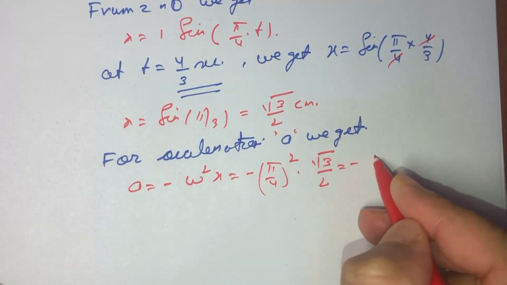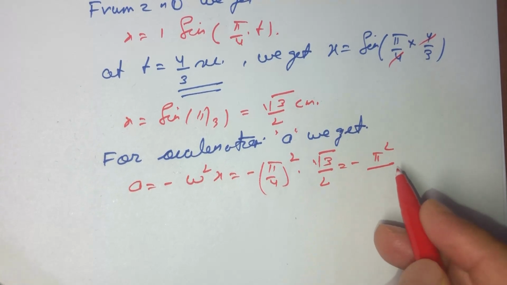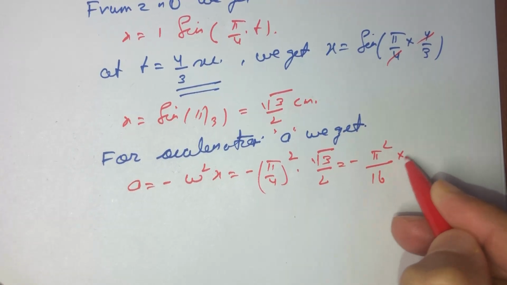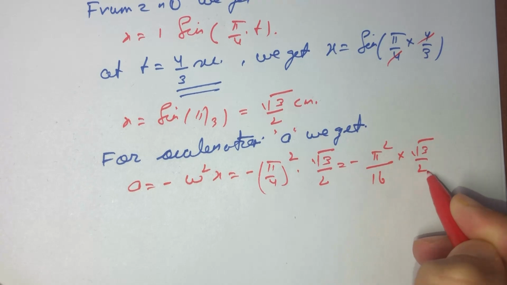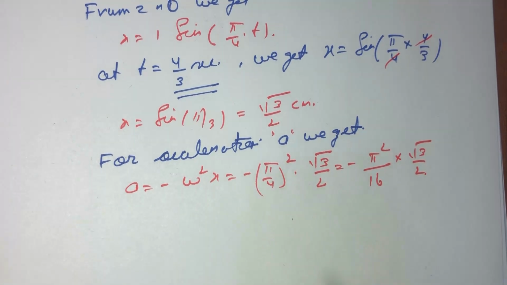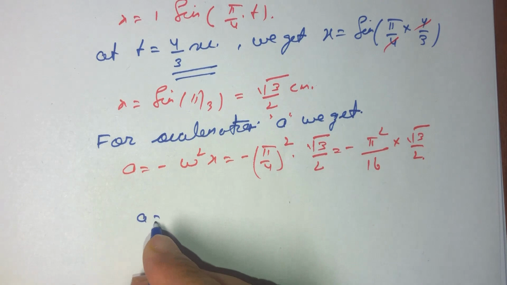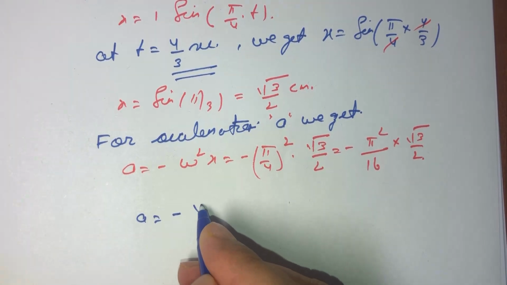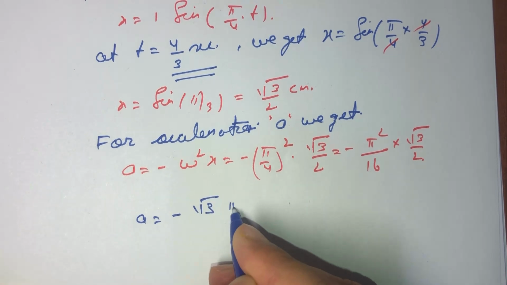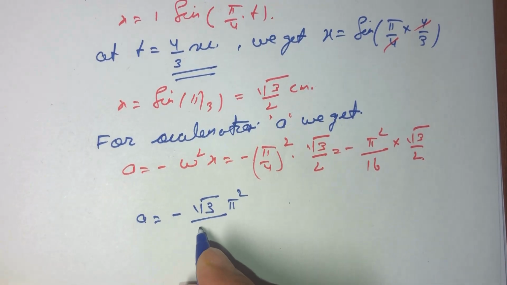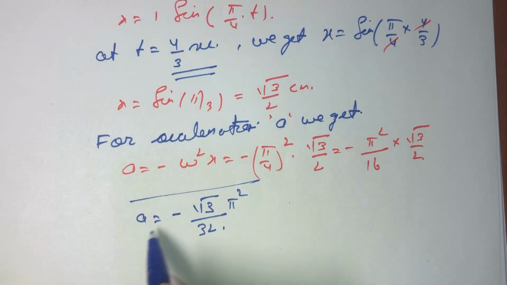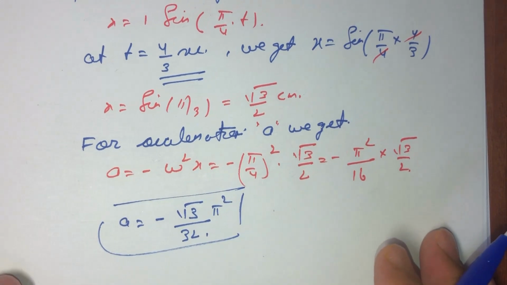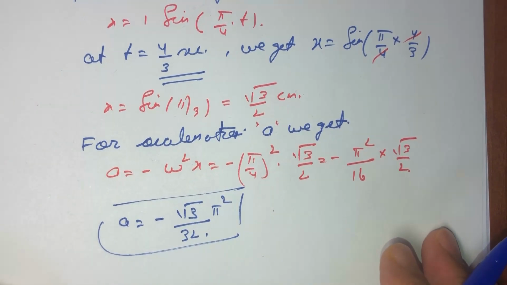So this is minus pi square upon 16 multiplied by square root of 3 by 2. So we get the acceleration is equal to minus square root of 3 pi square divided by 32. So this is the acceleration of the particle at time t is equal to 4 by 3 seconds.